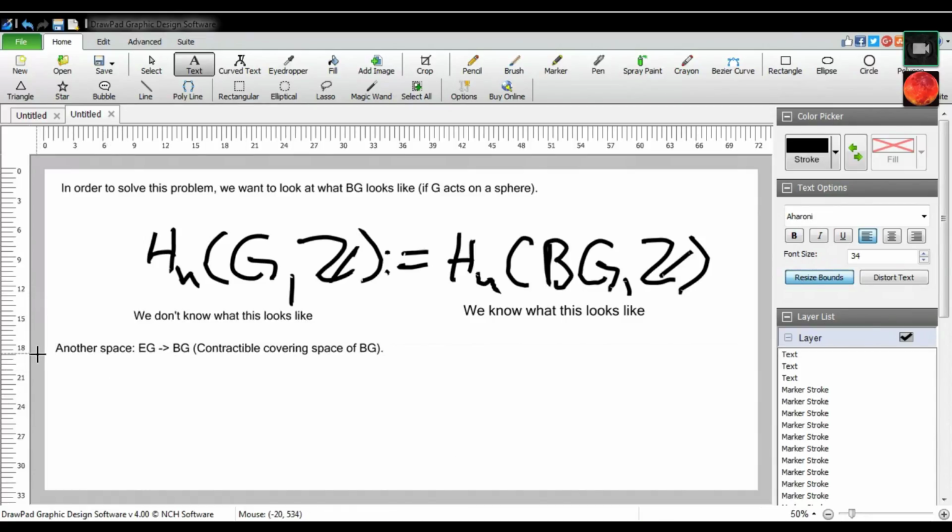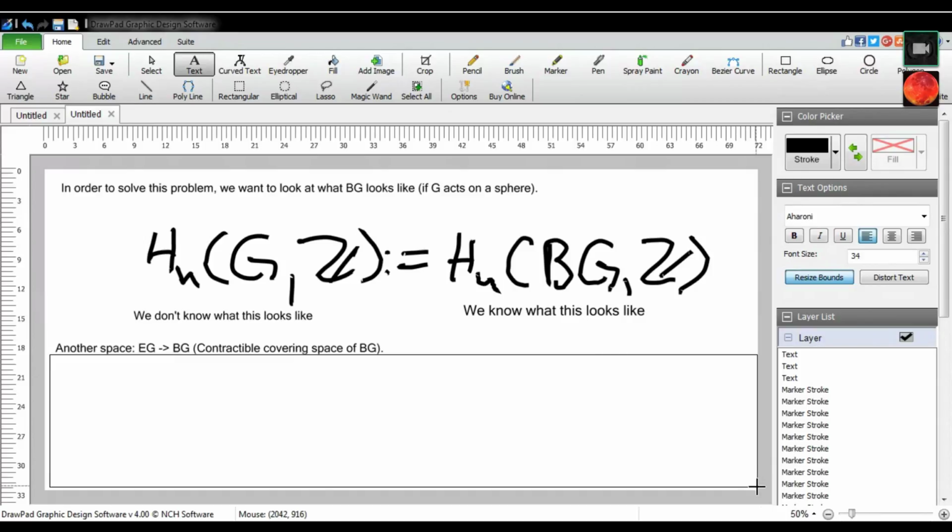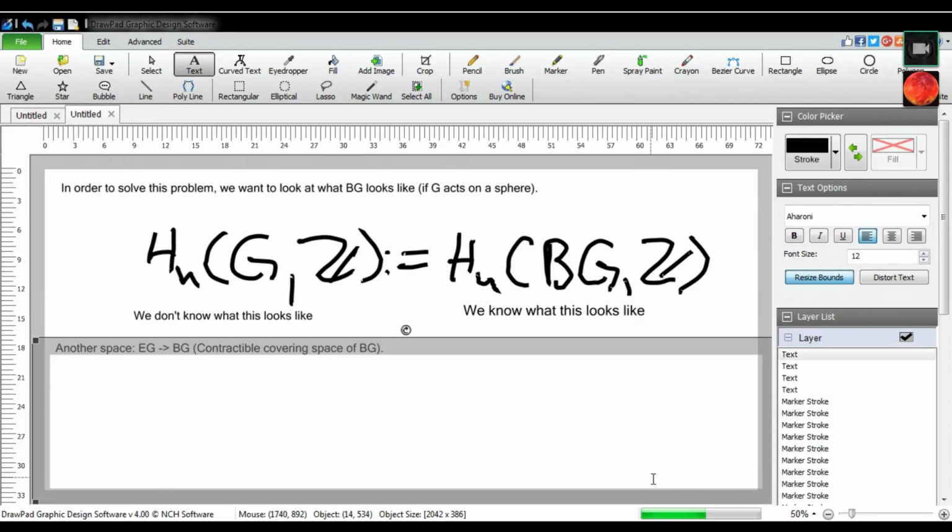There's a standard model for this space, and the standard model is actually what allows us to calculate such group homology.